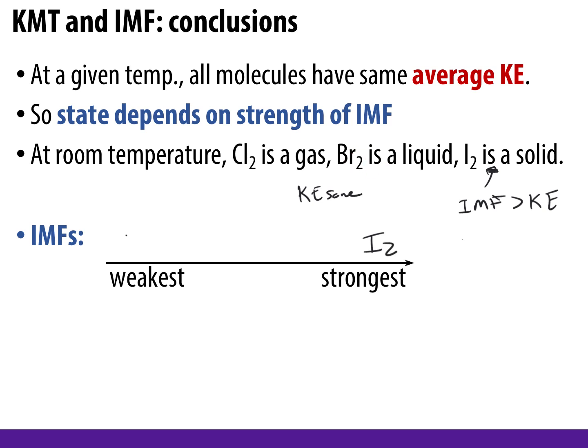That means that the IMF of Br2 is about equal to the kinetic energy. The kinetic energies are the same, so this is a little bit lower intermolecular forces. And Cl2, which is a gas, means that even at room temperature, the intermolecular forces are less than the kinetic energy, and we have enough energy at room temperature to pull those particles apart into the gas phase.